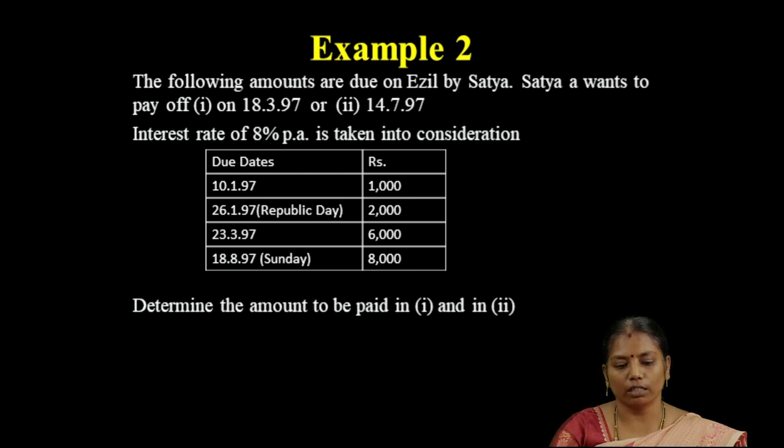Amount is 2000. Next, third due date is 23/3/97, the amount is 6,000. Fourth one is 18/8/97. This day falls on Sunday, so this due date also comes on leave. For this also we have to calculate which day will be the due date. So determine the amount to be paid in the first and the second.